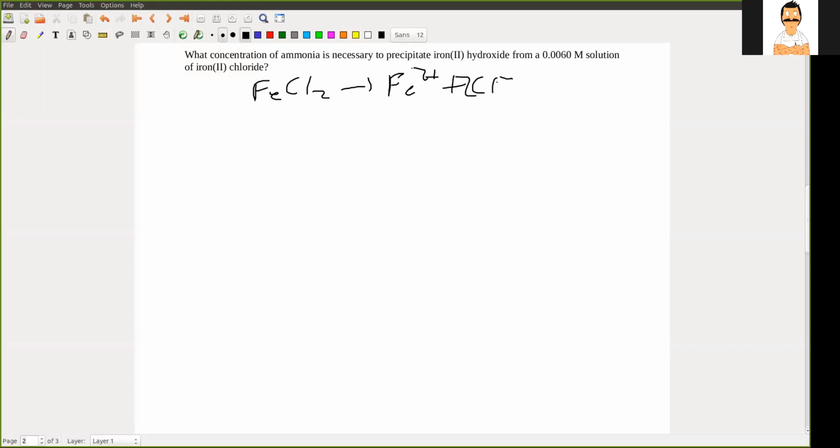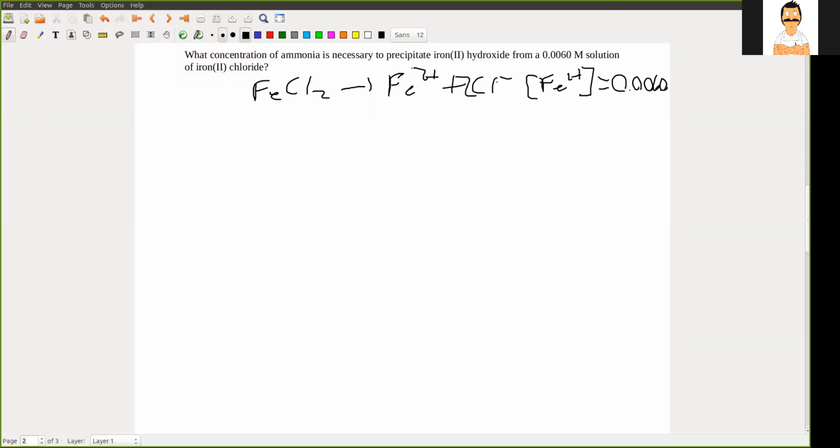So we know that the concentration of iron 2 plus is equal to 0.0060 molar. Okay, that's the first little bit of information.